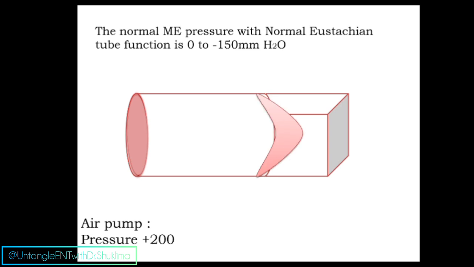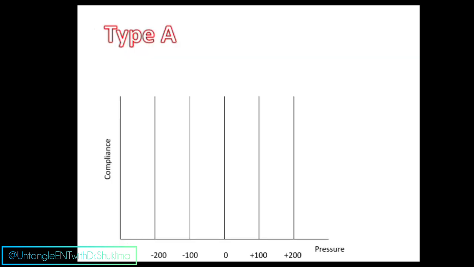Similarly, if we increase the pressure more to plus 200, again the compliance of the system decreases. Thus, when we plot this variation of compliance with the pressure, we get this type of graph which is known as the type A curve, which is a normal curve which represents normal middle ear function.